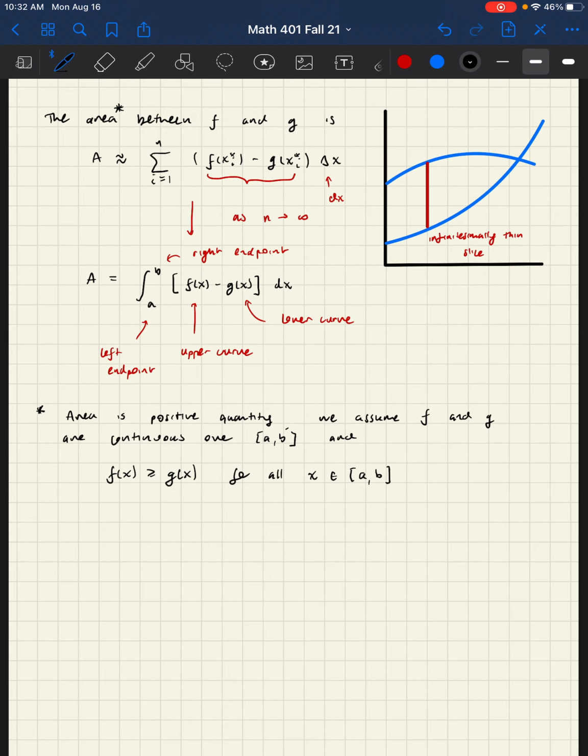If that fails, then we'd have to split it up into two integrals, and that's the topic of a different video.